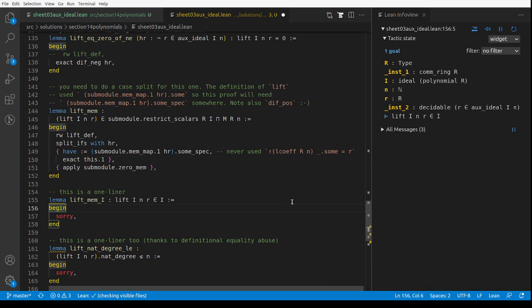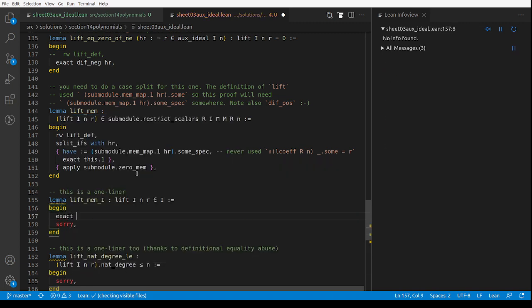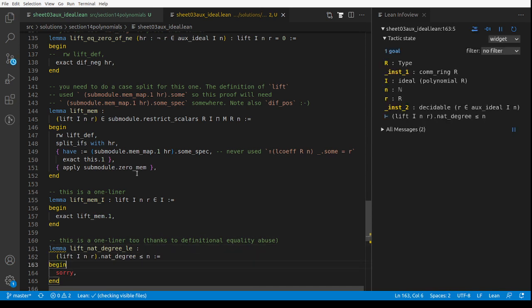So now what? How do I know that this lift is in I? Well, I've just proved that this lift is in the intersection of I and MRN. And so that's going to be exact lift mem dot 1, I should think. Yes, excellent. And how do I know that the nat degree is at most n?